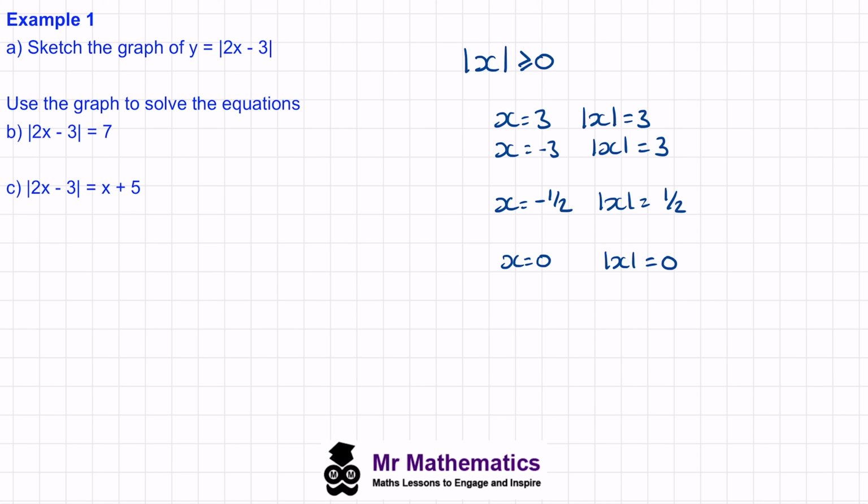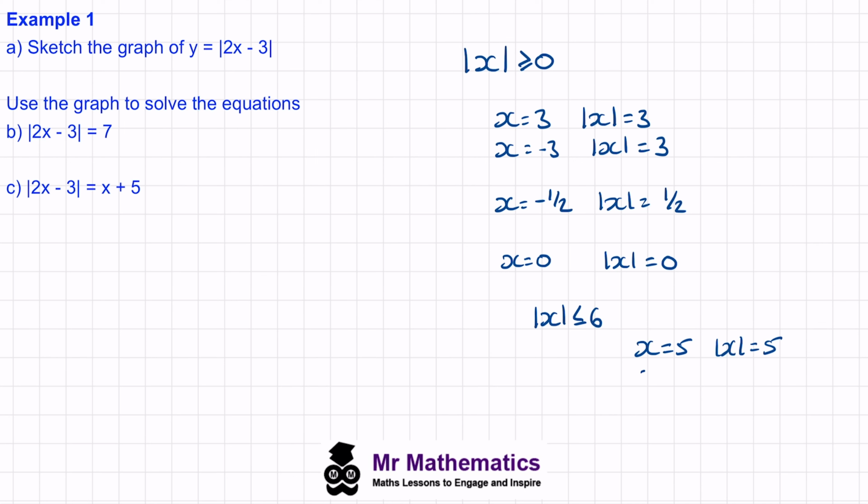And this works with inequalities too. If we say the modulus of x must be less than or equal to 6, and we say that x is equal to 5, well then the modulus will also be equal to 5, and clearly this is less than or equal.